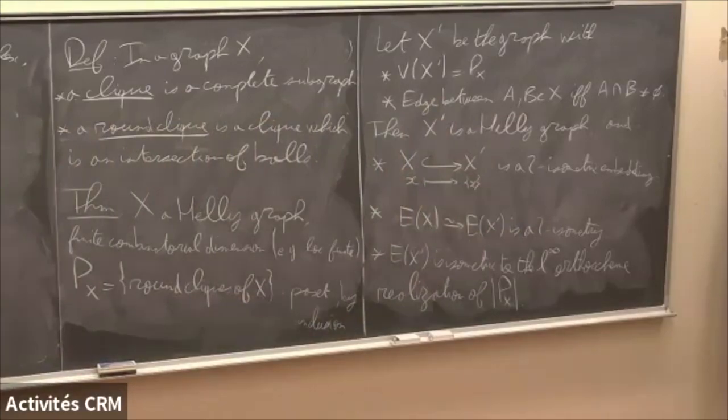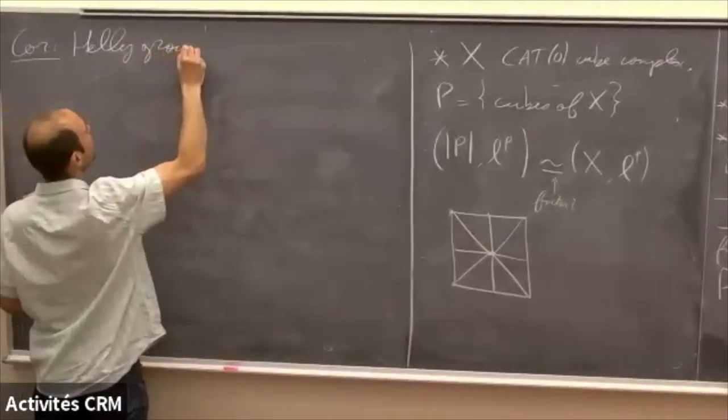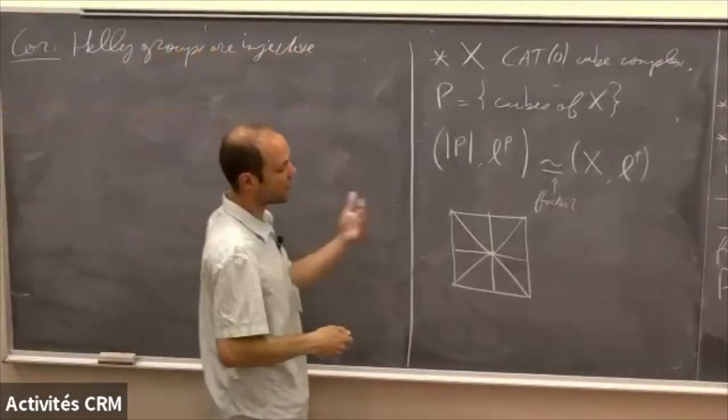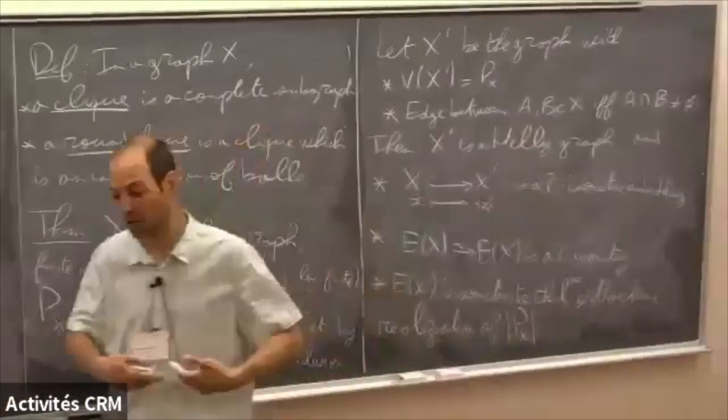Okay, so just before giving a very simple example of application, I will just take the corollary of this result that Helly groups are injective. If you act properly co-compactly on a Helly graph, then you act properly co-compactly on the injective hull, which is the geometric realization of this percept.